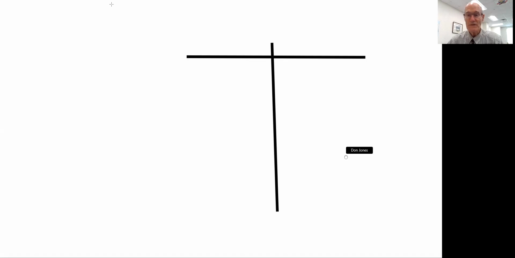The picture shows us that we have two segments intersecting. And this point right here will be point C. G is here at this end.